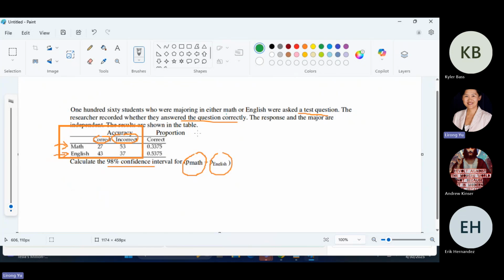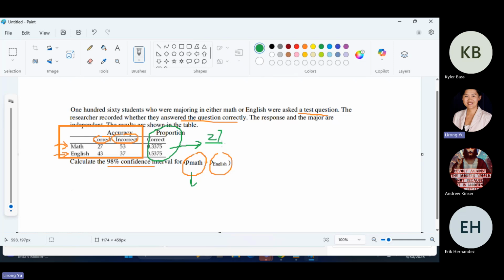So if we were to calculate the percentage correct for math students, the proportion is already there. You know how to calculate it: out of 80 math students, the number correct is 27.